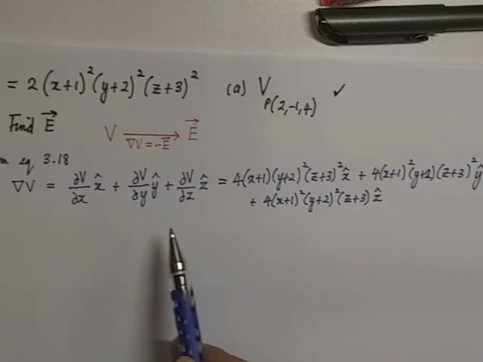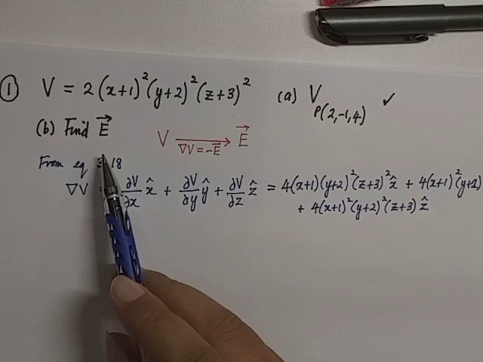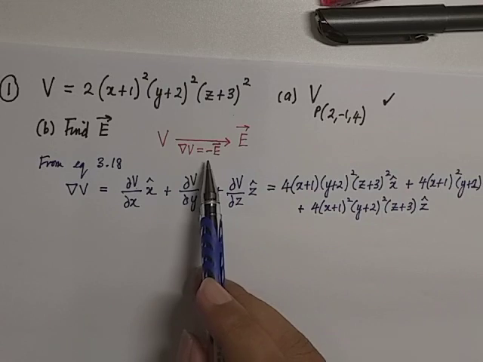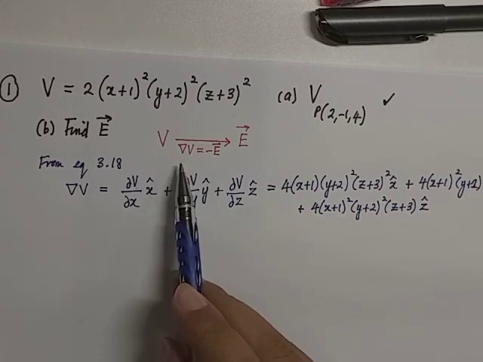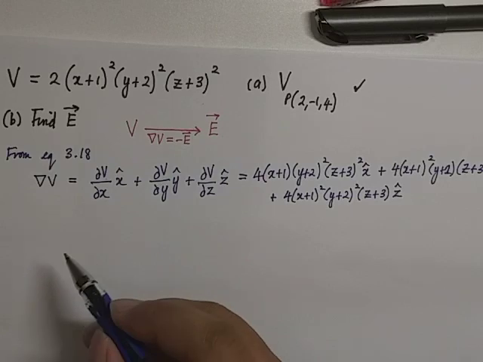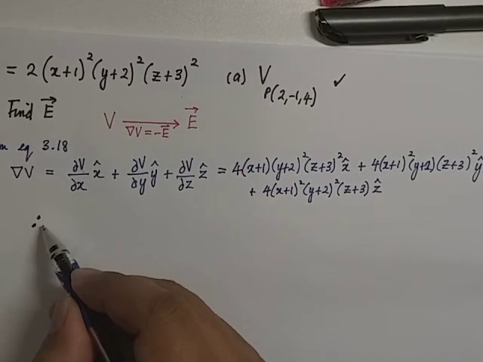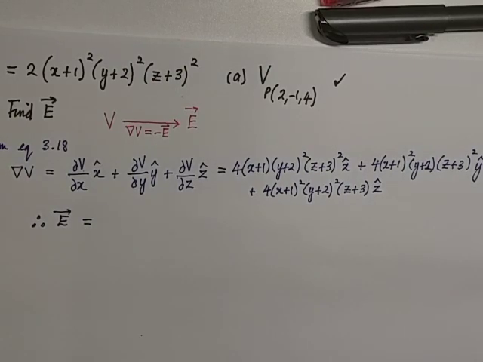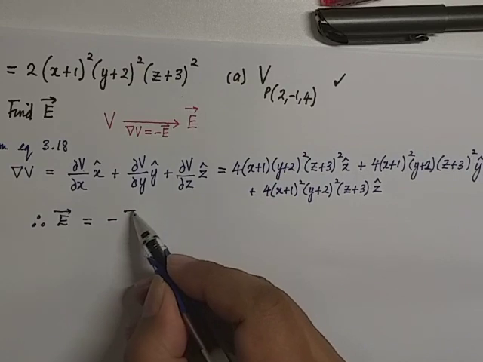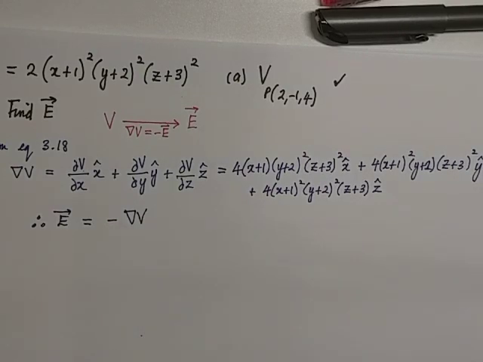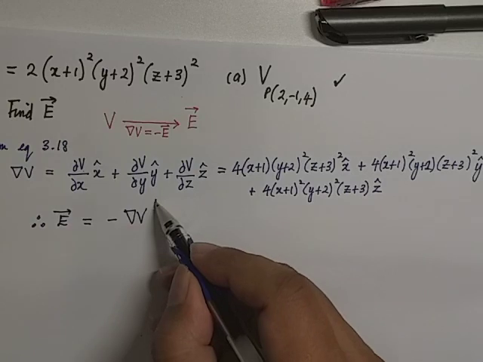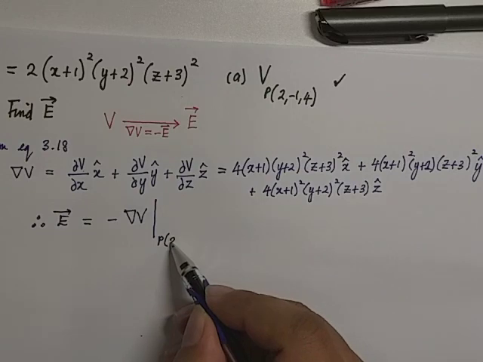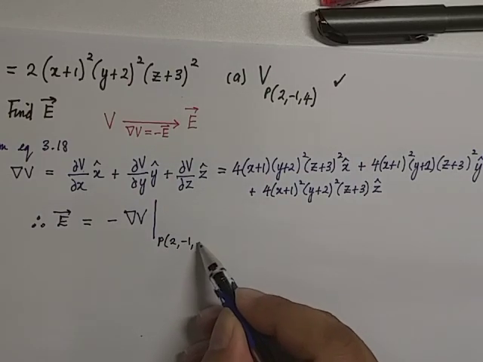But what we've been asked to solve here is to find E. Based on the equation we derived, E should be the negative of the gradient. So E should be equal to the negative of grad V. And please remember, at point P, x must be substituted with 2, y with negative 1, and z with 4.